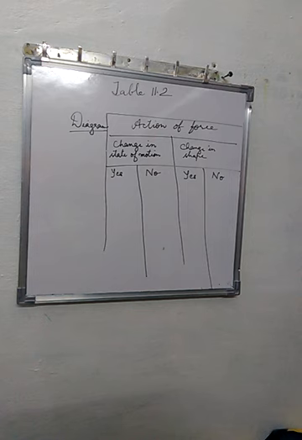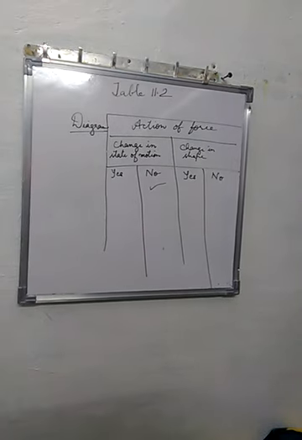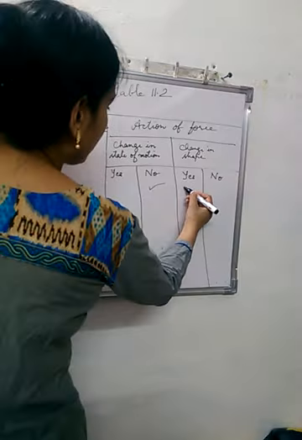A lump of dough on a plate, that is the description of the situation. How to apply force, that is pressing it down with hands. So, action of force, change in the state of motion, no. Change in its shape, yes, the shape of the dough changes.